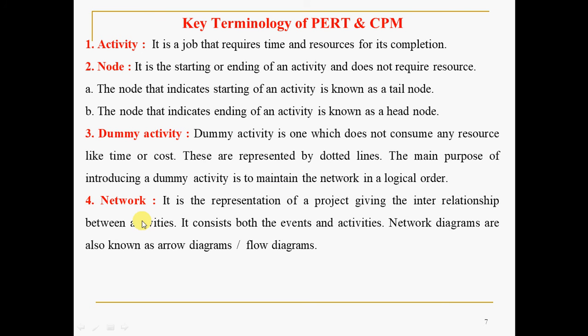Network, or network diagram. It is the representation of a project giving the interrelationship, which is nothing but some logical order, between the activities. It consists of both the events and activities. Event means node. Activity is a task which requires time.